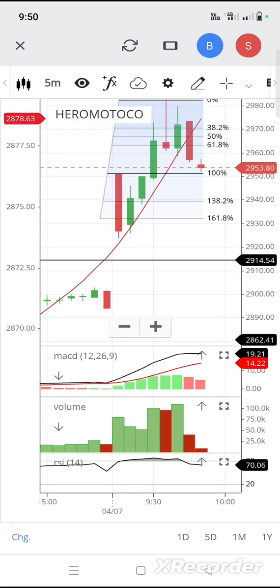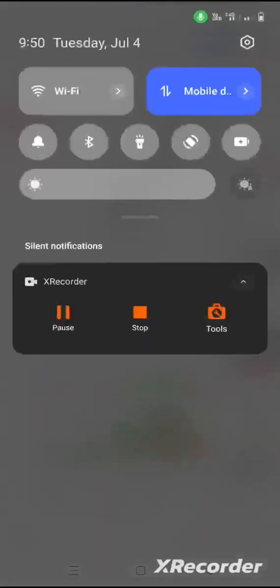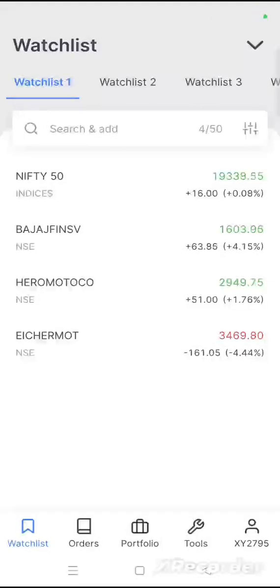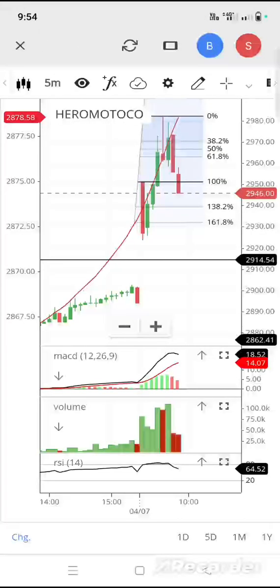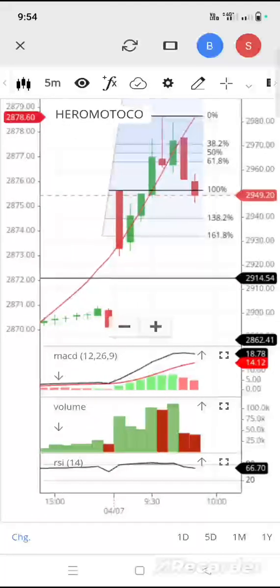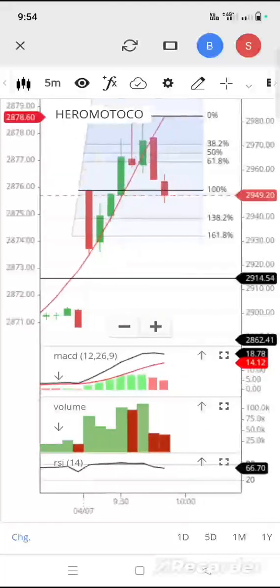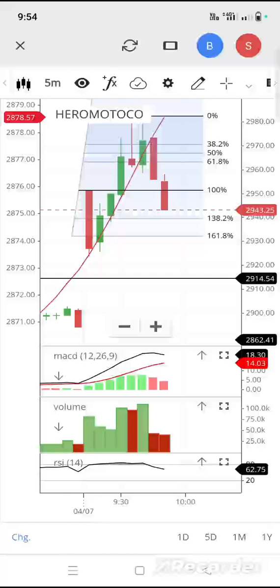We'll see here what will happen. So Tata Motors has broke its open once again. We'll see if it sustains below today's open, and then we can take a call whether to go short or long.